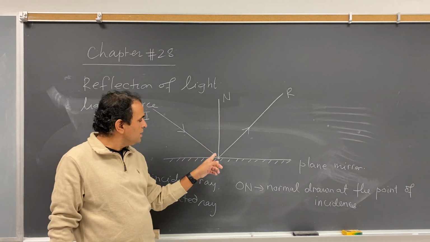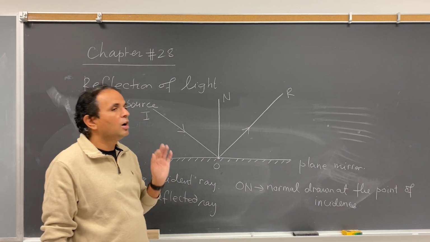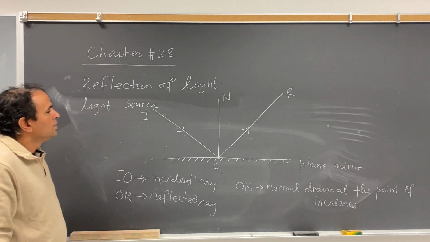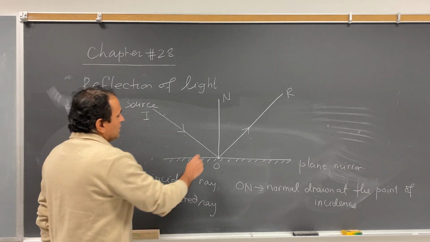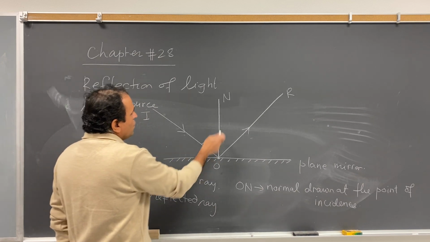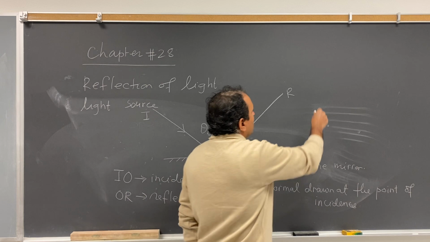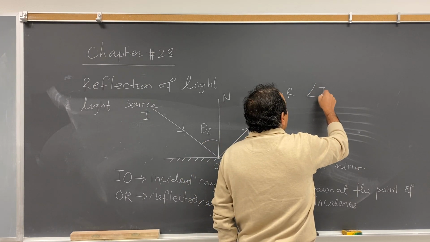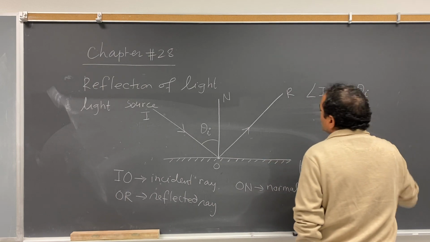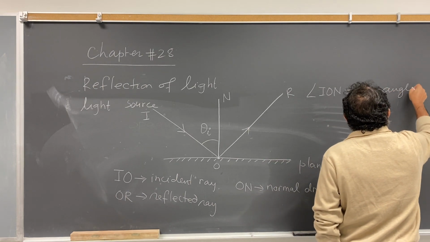ON is the normal at the point of incidence, point O. Normal means it is perpendicular to the horizontal surface. Now this angle ION, let me call this theta I. Angle ION, which is theta I, we call the angle of incidence.